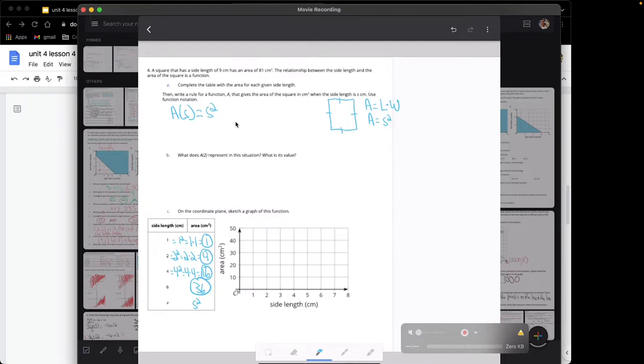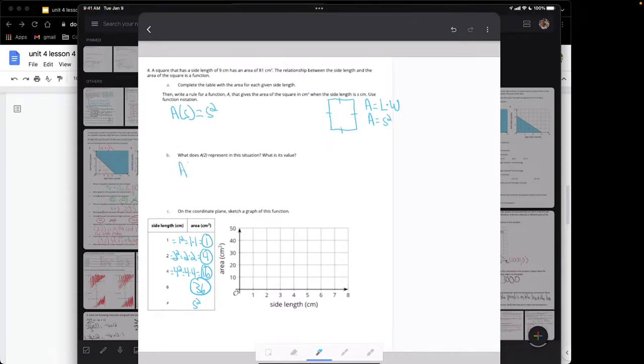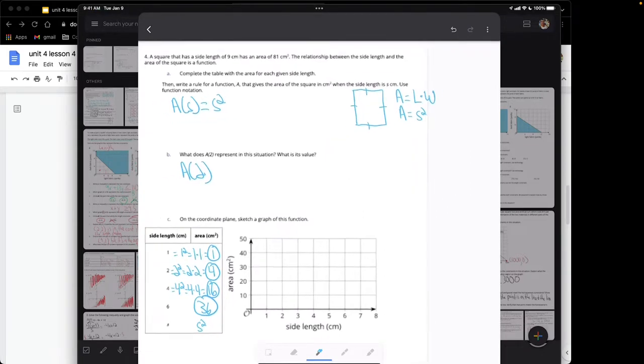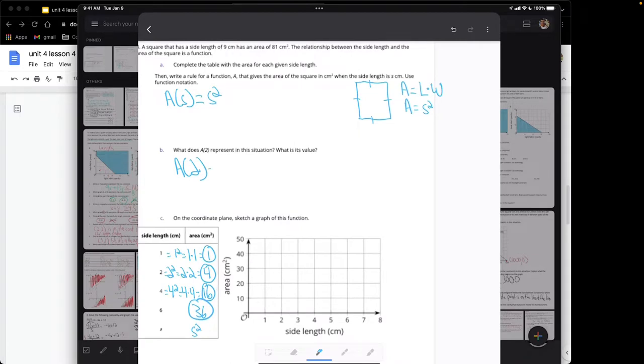B, what does a of 2 represent in this situation, and what is its value? So a of 2 means the area of the square of side length 2.